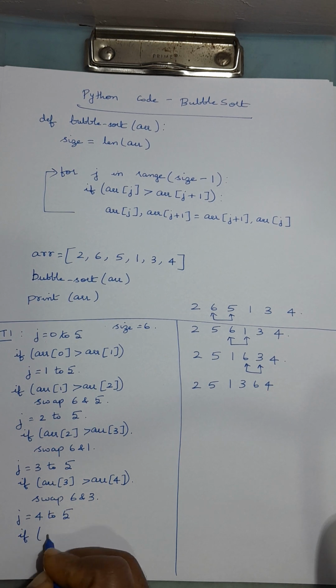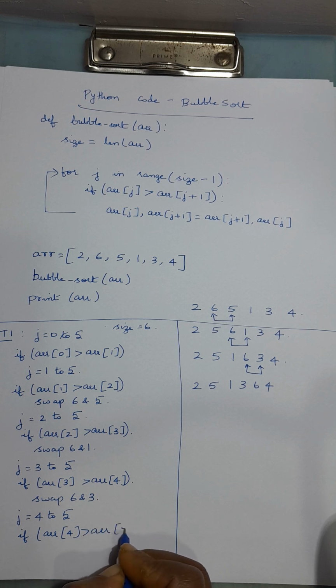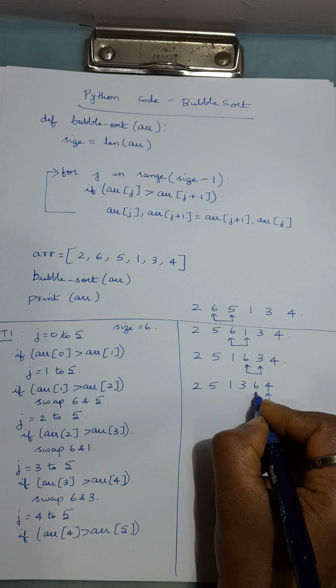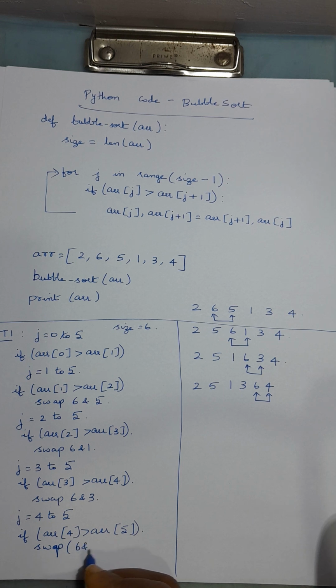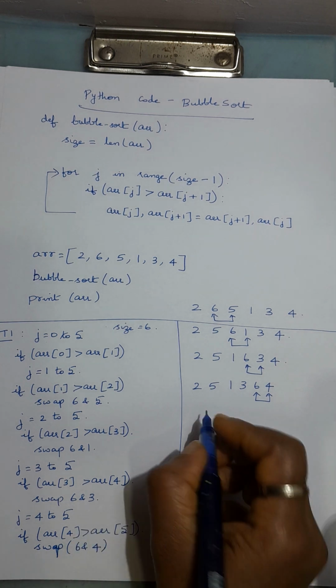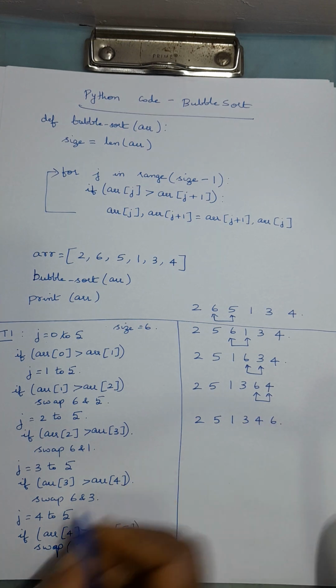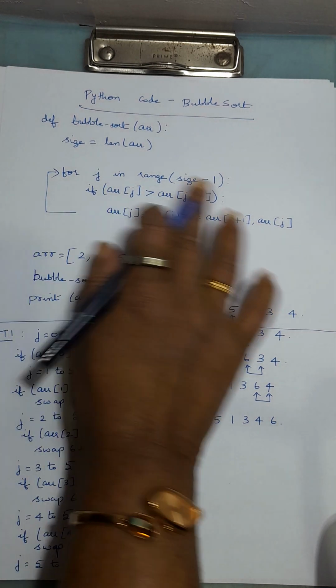Now we check if array of 4 is greater than array of 5. We are checking between 6 and 4. Yes, it's greater. So we swap 6 and 4. Okay. So it will be 2, 5, 1, 3, 4 and 6. Now j value becomes 5 to 5. It doesn't hold good. So we stop the iteration here.